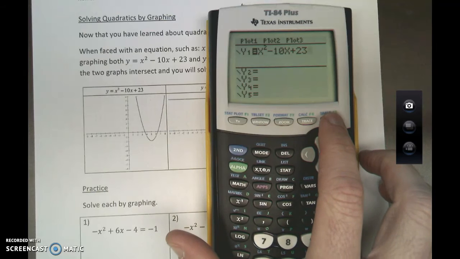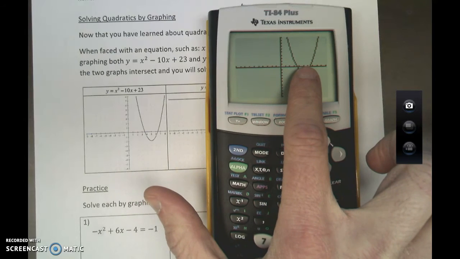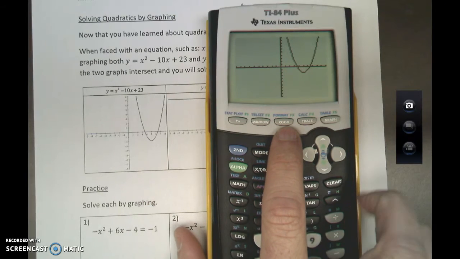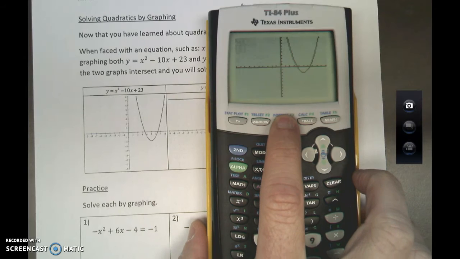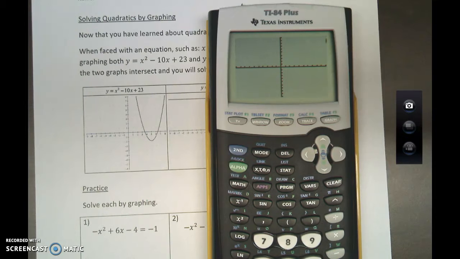Hit graph. If you don't see this on your screen, you can change the window by hitting zoom and number 6. That'll give you the same screen that I should have on the calculator.